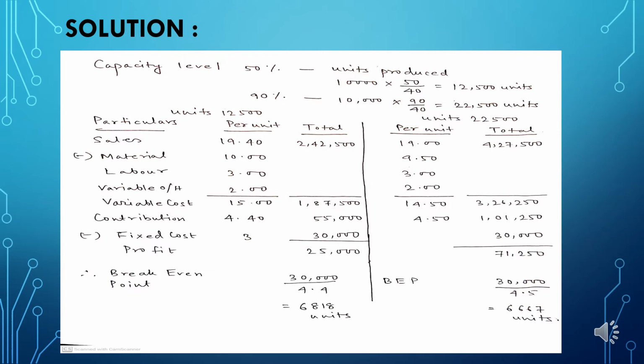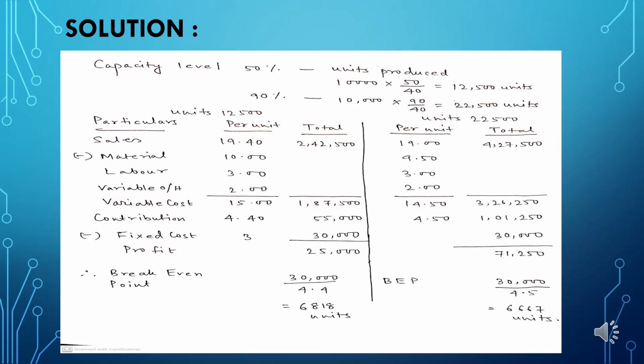So 20 minus 20 into 3% should give us the per unit selling price of 19.40. If we multiply that 19.40 with the total number of units, we get the total sales figure to be 2,42,500.